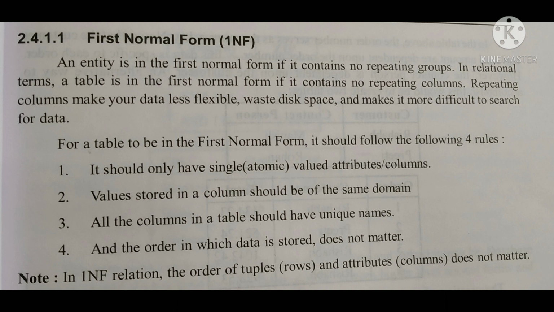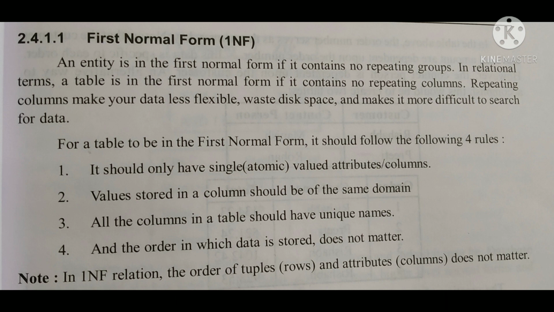The values are not stored in different columns or different domains. All the values stored in a column should be in the same domain. That rule is also satisfied. Then go to the third rule.